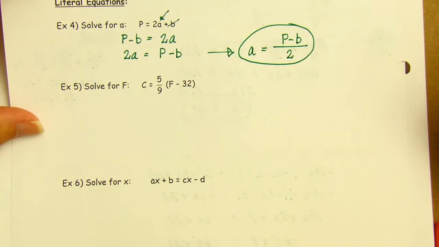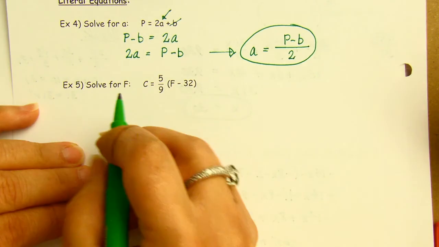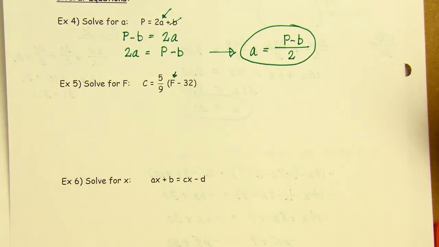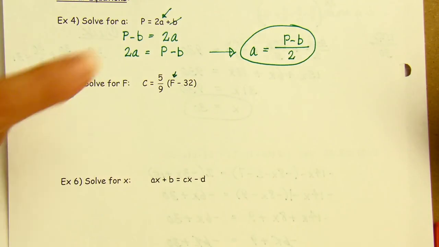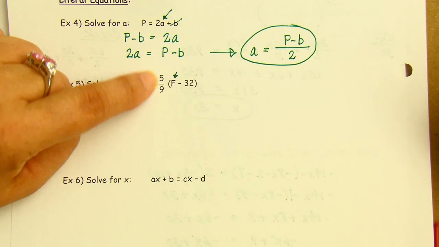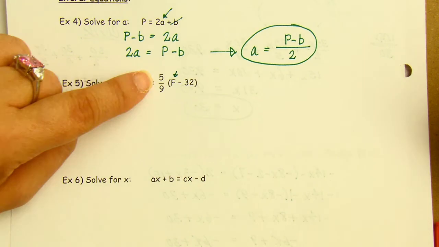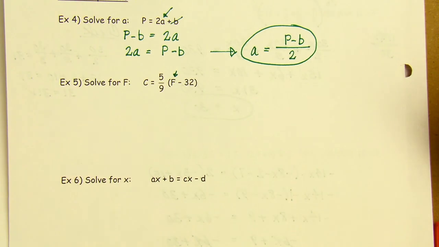Notice in the next one it says solve for F. I need to get F by itself. This fraction is in the way. Fraction means divide, and what's the opposite of divide? Multiplication. So how do I get rid of a fraction then? I'm going to multiply both sides by the reciprocal of 5/9.